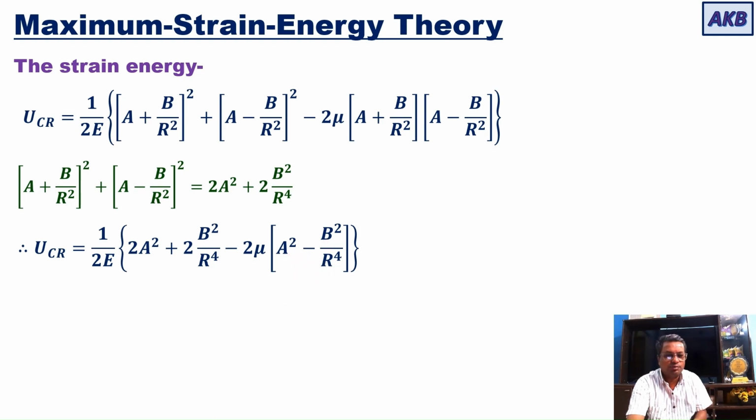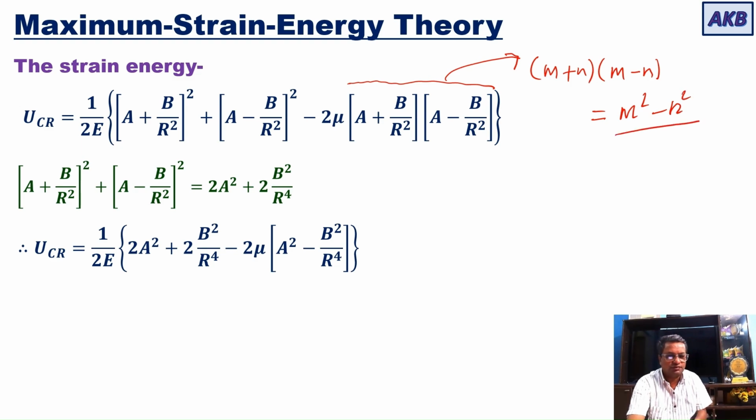How is this term obtained? Now if you look at this product, this is equivalent to (m plus n) into (m minus n). So the product of these two brackets is simply m square minus n square.